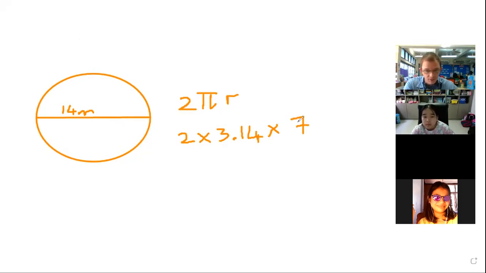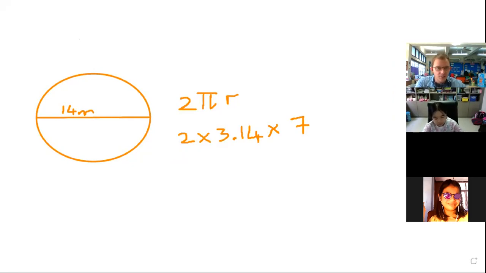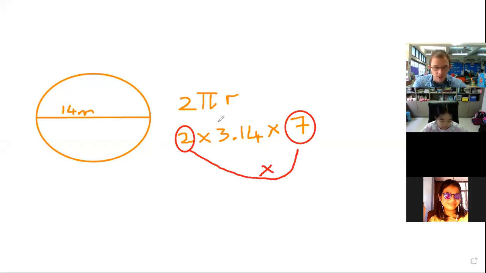Excellent. So for here, if you want to calculate this, we can do something very simple. We can take the 2 and the 7, and we can multiply them first. So that's the easiest. And then we multiply with the 3.14.